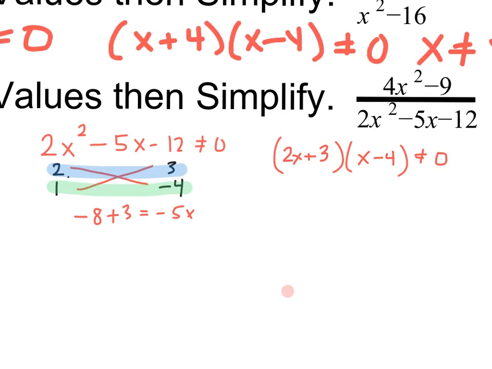Each of those cannot equal 0, so we have 2x plus 3 cannot equal 0, x minus 4 cannot equal 0, and that leaves us then with x cannot equal -3/2, x cannot equal 4.